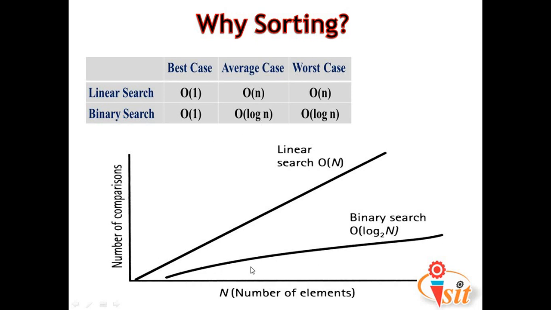It means the total number of comparisons is less compared to linear search. To implement binary search, the elements must be in ascending order, and because of that we need to learn the concept of sorting.